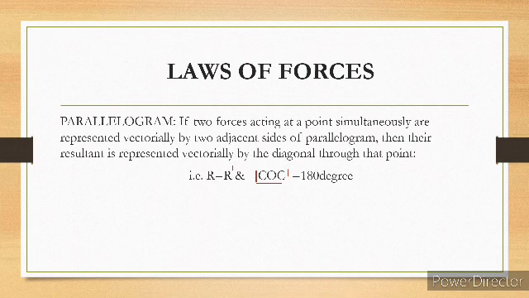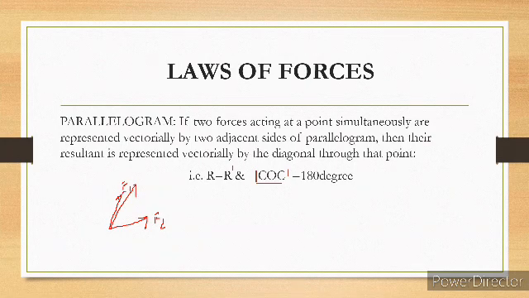So for example, if we see this construction, these are the two forces I'm going to take. This is F1 and this is F2, and this is the resultant force.